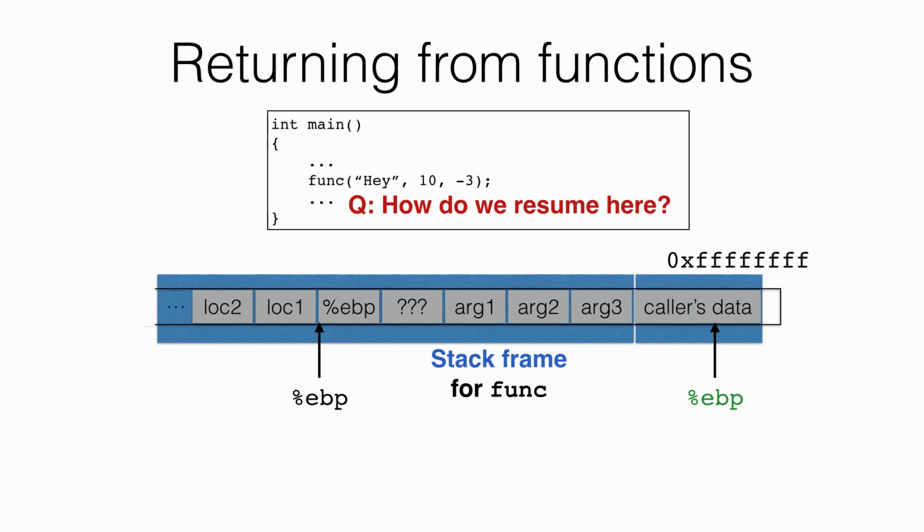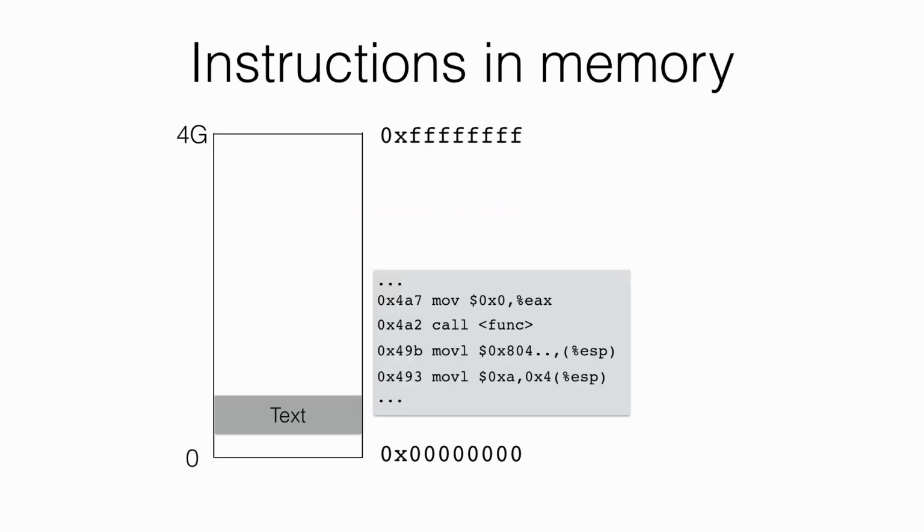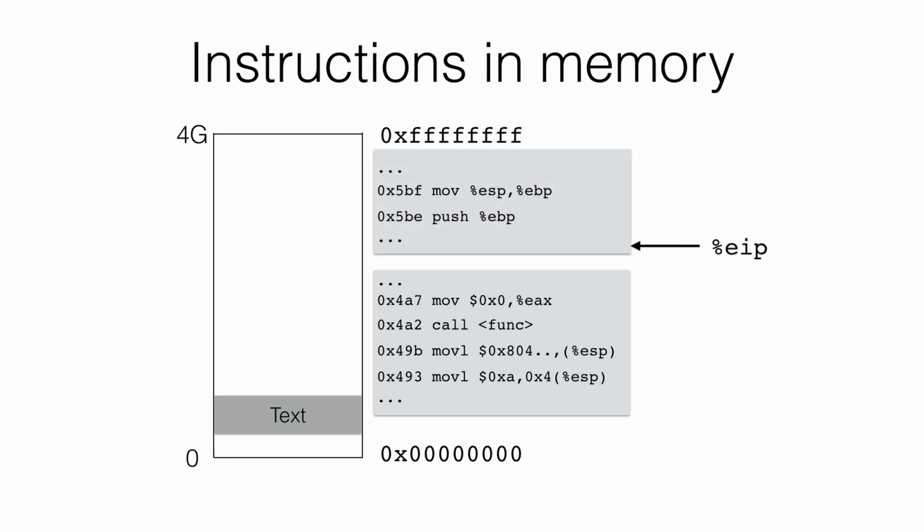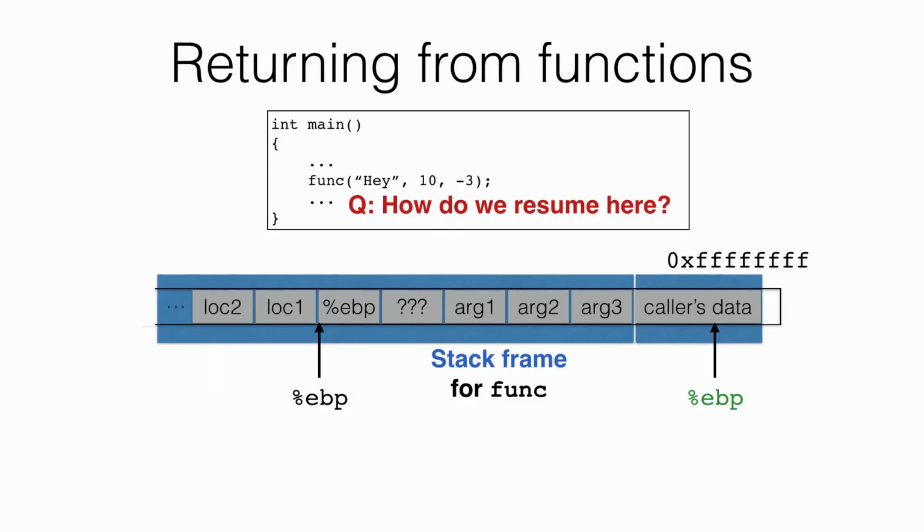The next question is, how do we resume at the same place that we were in main when we called func? Here's what's going on. As main is running, the instruction pointer, EIP, is moving through the different instructions that implement main. Now it goes to call func. When it goes to call it, the instruction pointer is going to move up and start executing these different instructions.